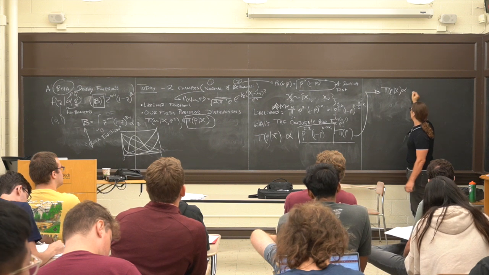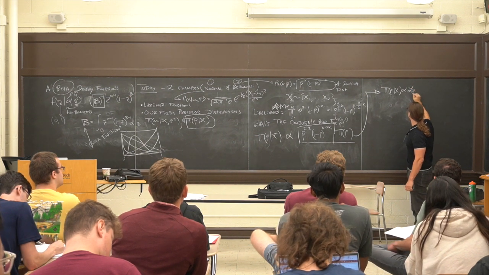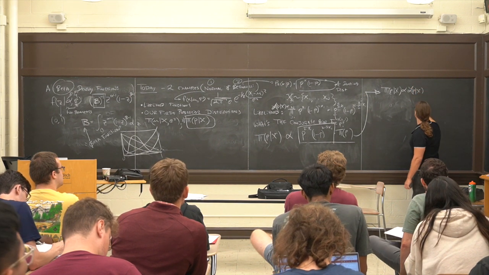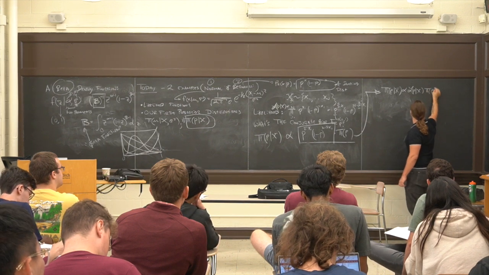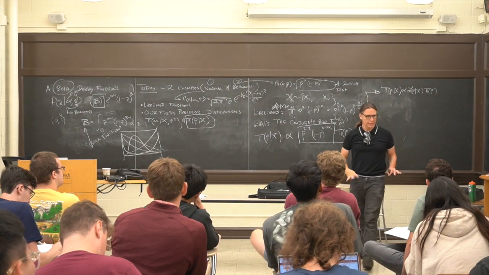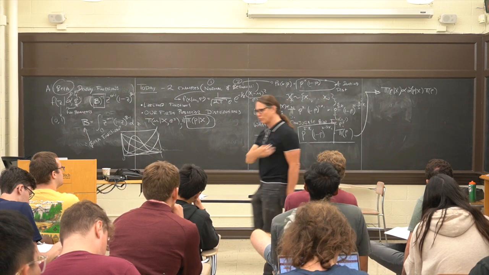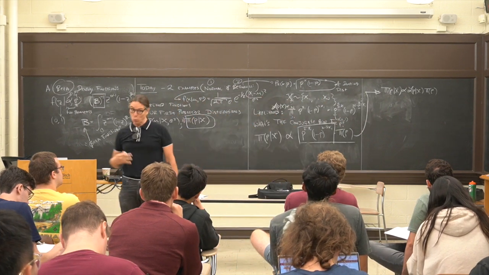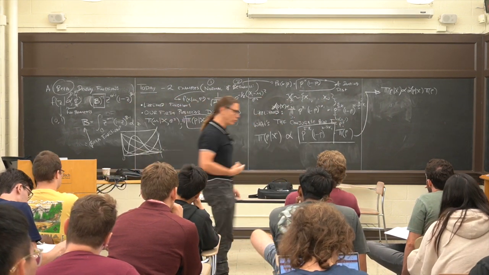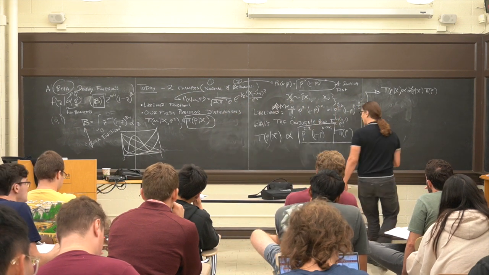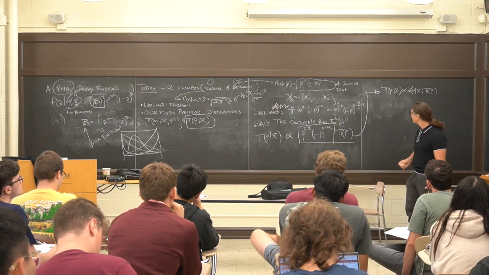It's going to be proportional to our likelihood function times our prior. That's Bayes. In a nutshell, parametric Bayes is just likelihood times prior. Which prior, and whether or not you can justify it, that's what the class is about, for the most part.